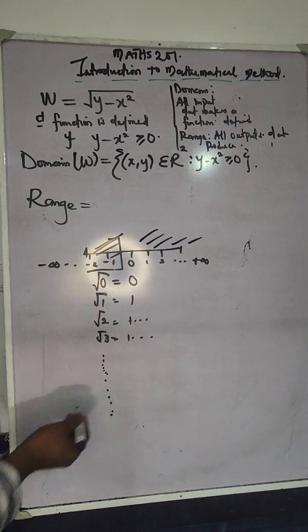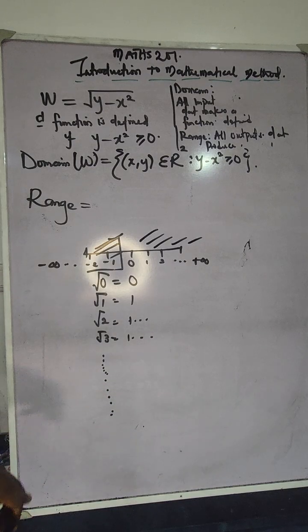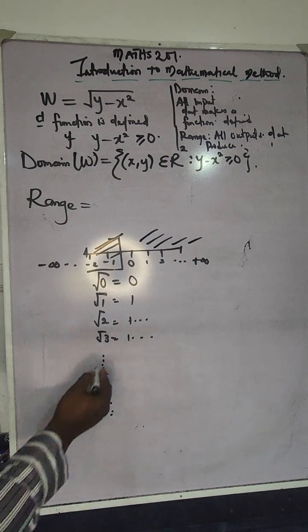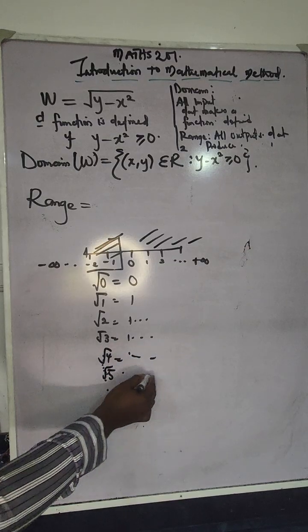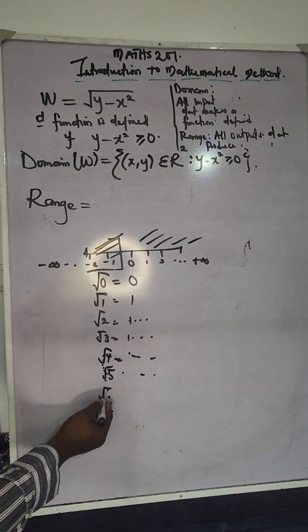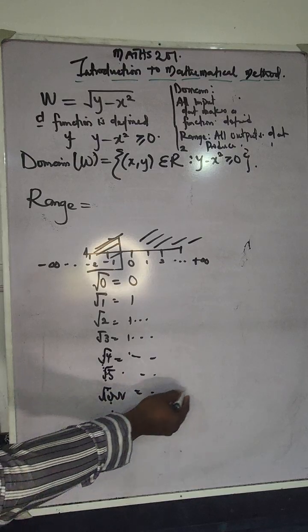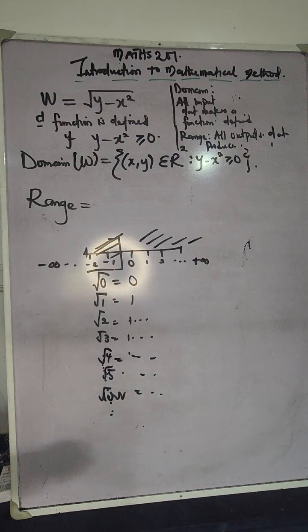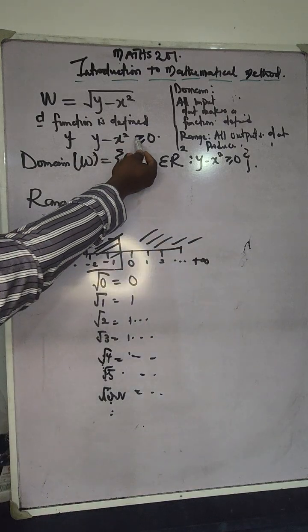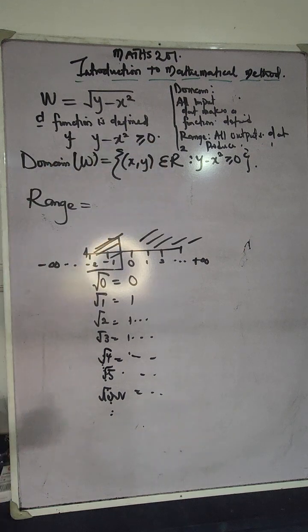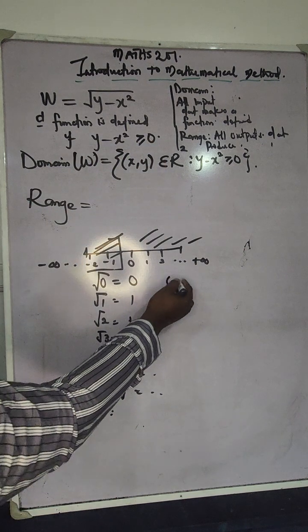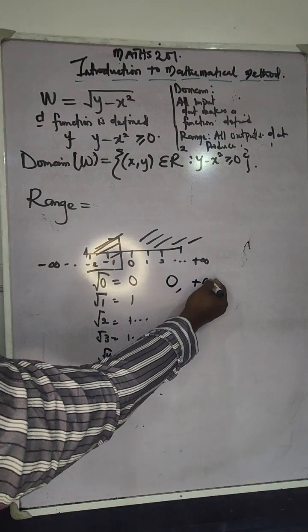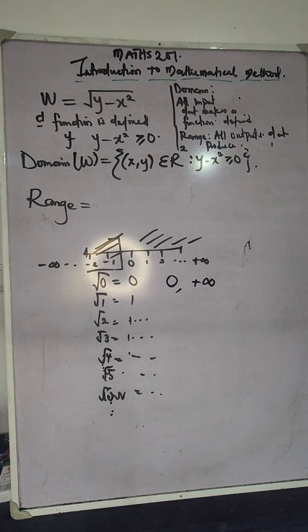This number keeps going, and going. If you do the square root of 4, you have an answer. If you do the square root of 5, you have an answer. In fact, if you do the square root of 1000, you have an answer. Valid. It's defined, because you said greater than or equal to 0. So the range of this function will be from 0 to positive infinity.